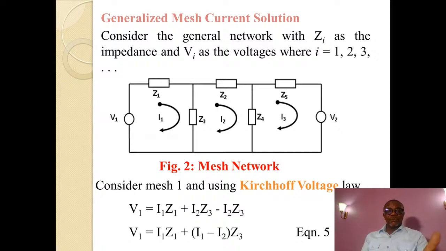So we put the equation for mesh 1, which is V1 equals I1 Z1 plus, that should be I1 Z3 minus I2 Z3. Please take that correction.